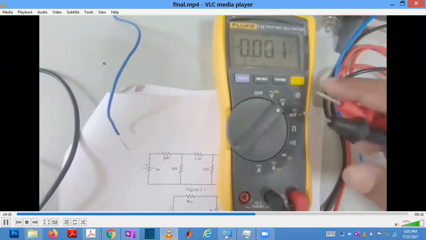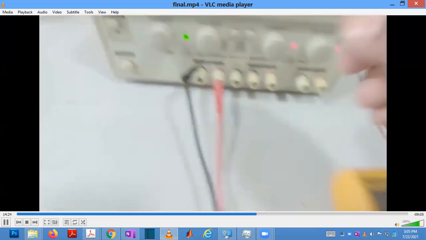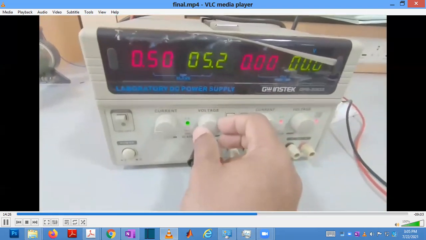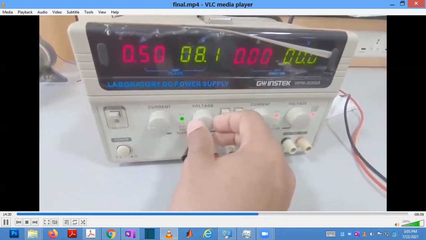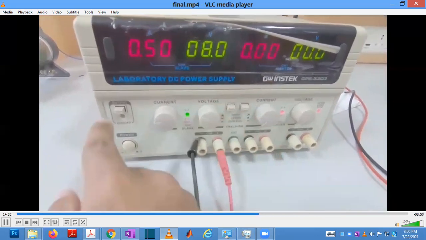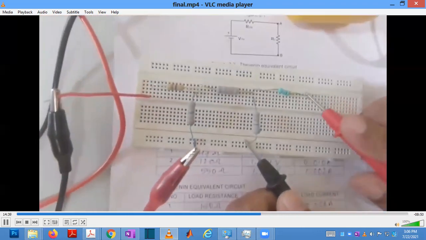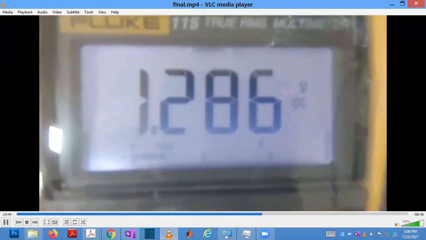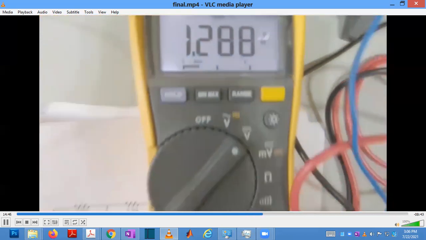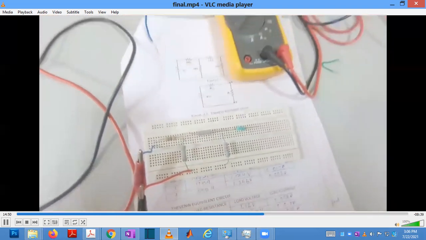Put it in voltage mode and adjust the voltage to 8.0. Now turn the output on and measure the voltage across the output. That is showing 1.286. So that is the VTH value, and RTH you have also found.